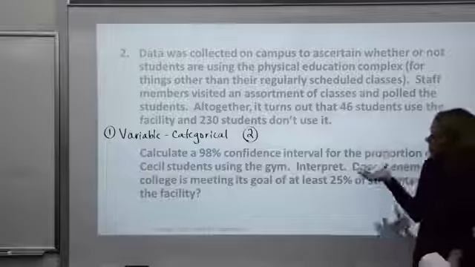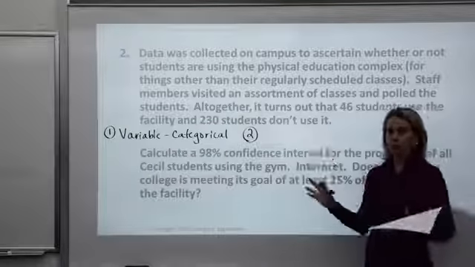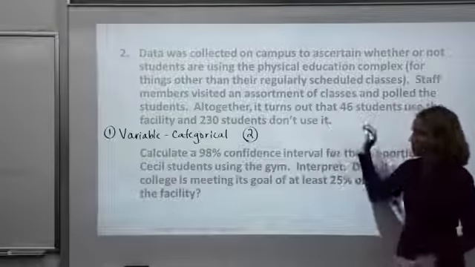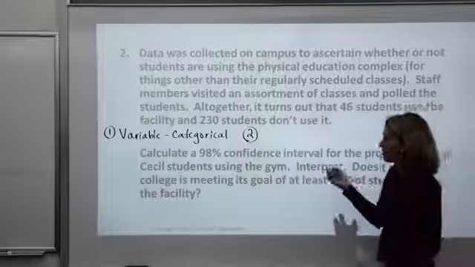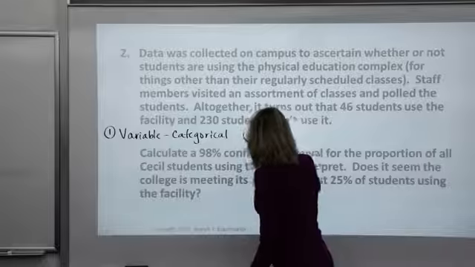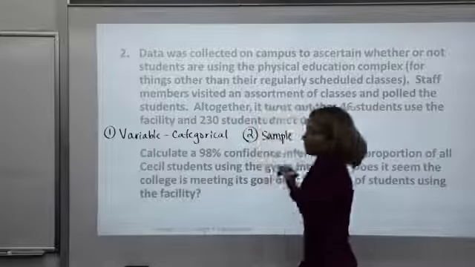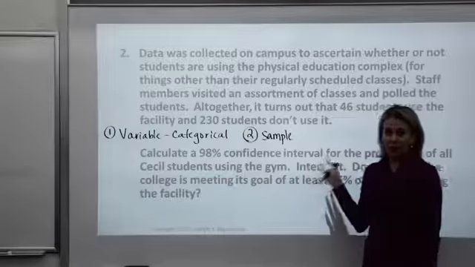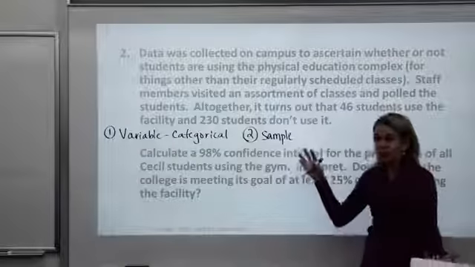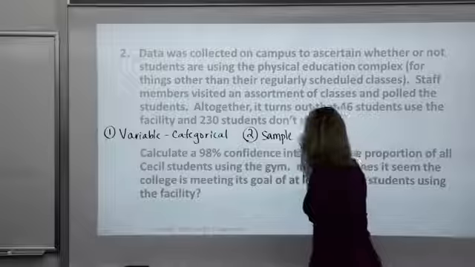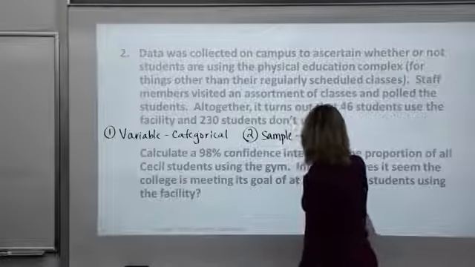We went to an assortment of classes. It might not be a true simple random sample, but by going to an assortment of classes, it at least looks like our sample will not contain any bias. So sample appears to be unbiased. Clearly, it would not be a good thing if you only sampled the baseball team or only sampled students that are currently in the PE complex. But the sample here looks like it will be unbiased.